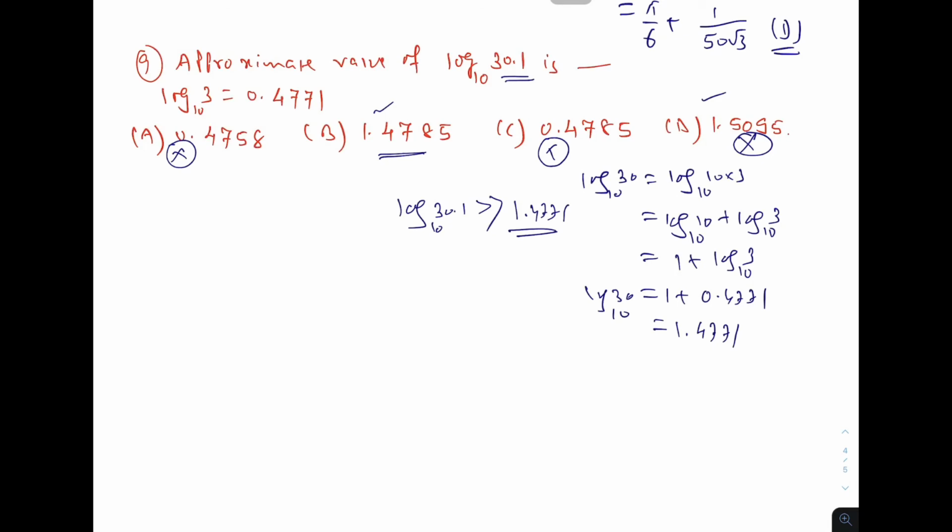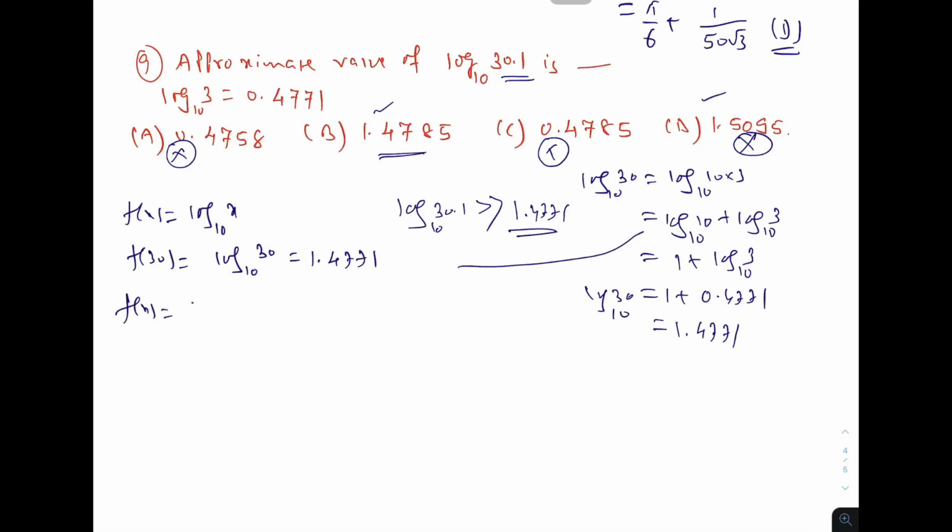So let f(x) be equal to log x base 10. Now f of 30, we just find log 30 base 10, which we did here, and that is 1.4771.